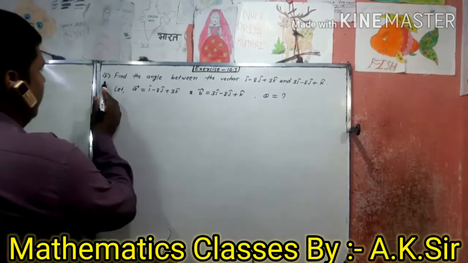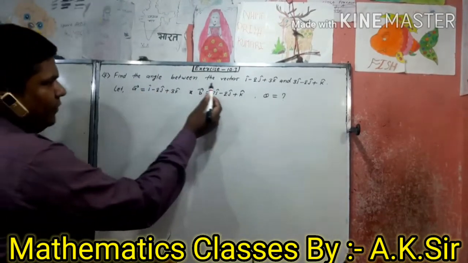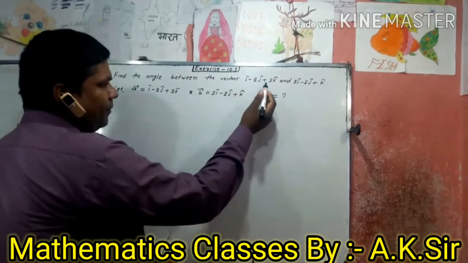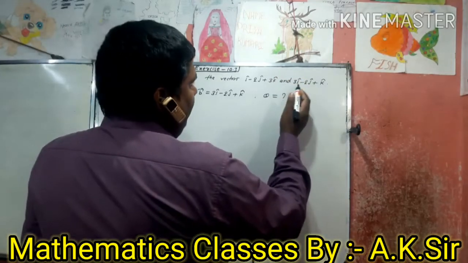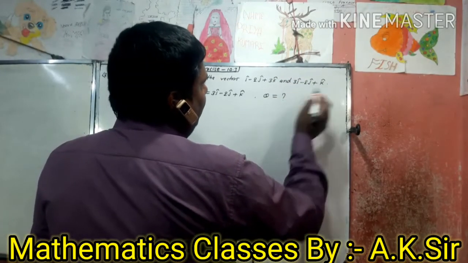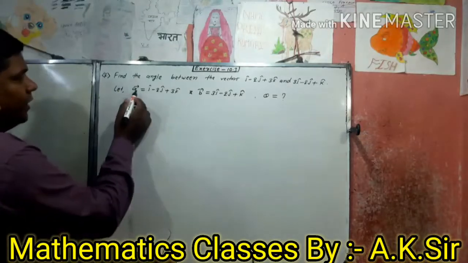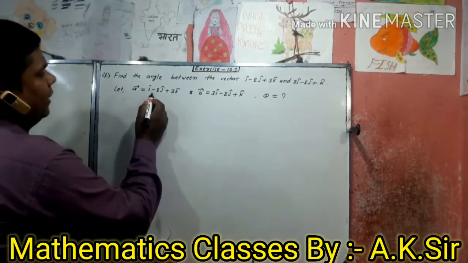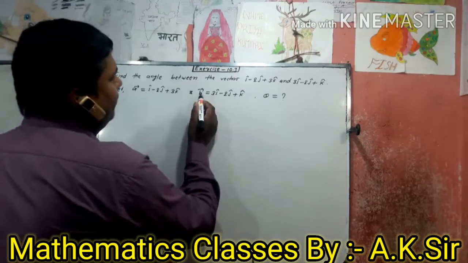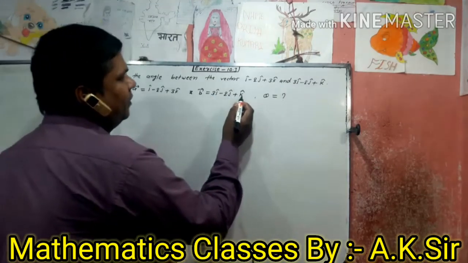Question number 2. Find the angle between the vectors i cap minus 2j cap plus 3k cap and 3i cap minus 2j cap plus k cap. Let A vector be i cap minus 2j cap plus 3k cap and B vector be 3i cap minus 2j cap plus k cap.